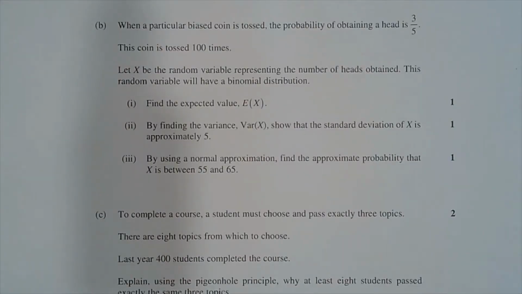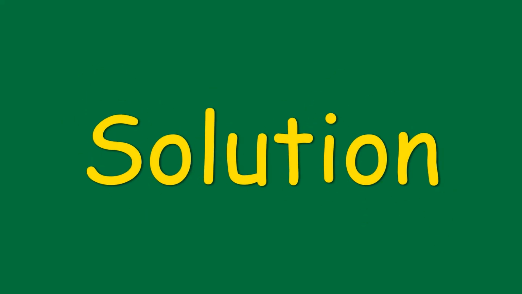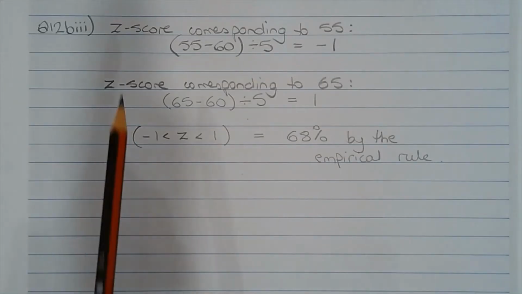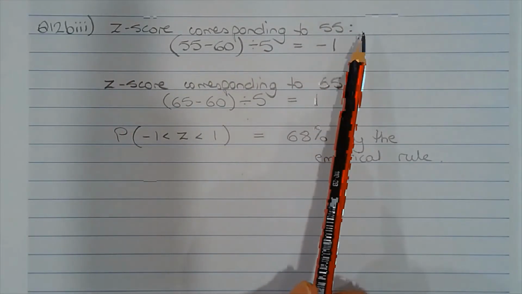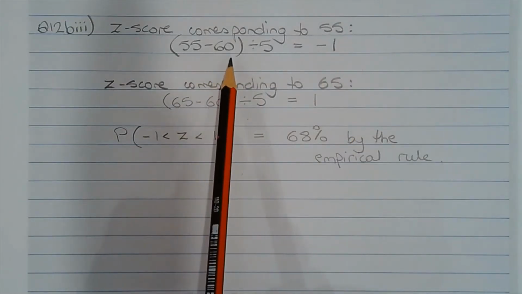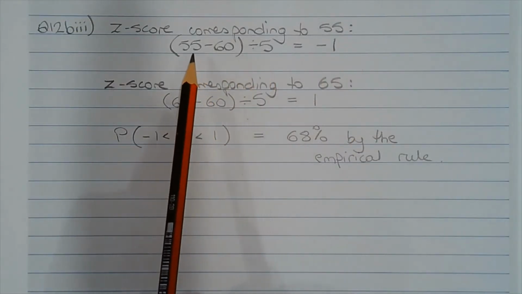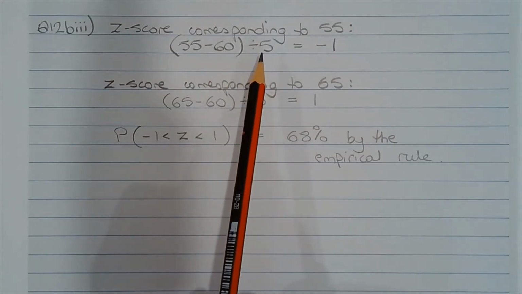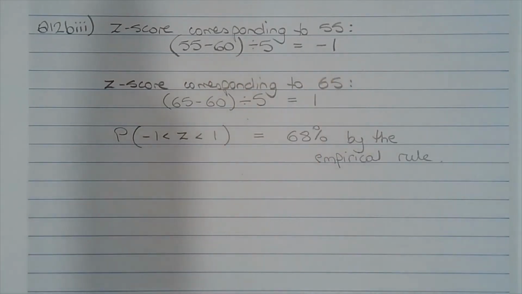Part 3. By using a normal approximation, find the approximate probability that x is between 55 and 65. Using the z-score formula, the z-score corresponding to 55 is equal to 55 minus 60 divided by 5, where 55 is the raw score, 60 is the expected value, and 5 is the standard deviation, and that equals -1.